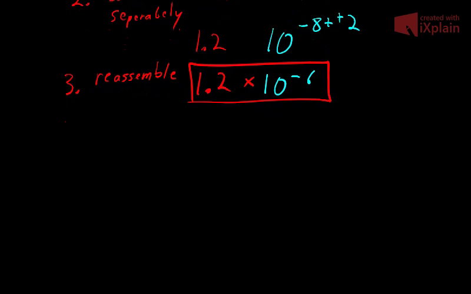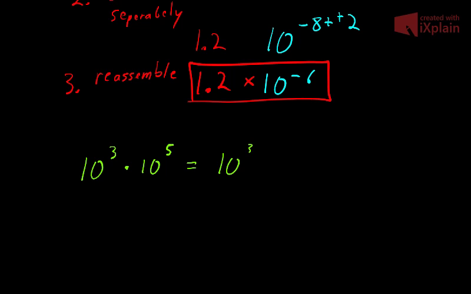Kind of a little bit more review, just to make sure we have this in our notes, I want to reiterate one more time how multiplying and dividing exponents work. So if I have 10 to the 3 times 10 to the 5, that's going to give me 10 to the 3 plus 5, and 10 to the 3 divided by 10 to the 5 would be 10 to the 3 minus 5.